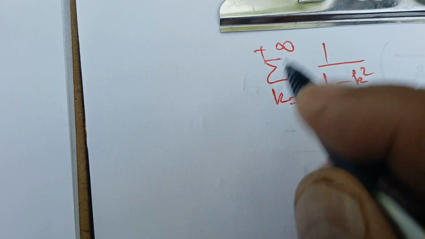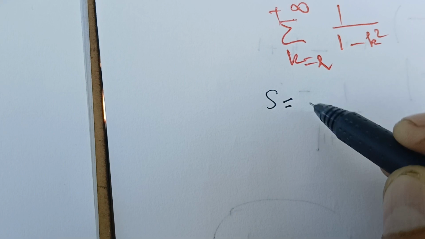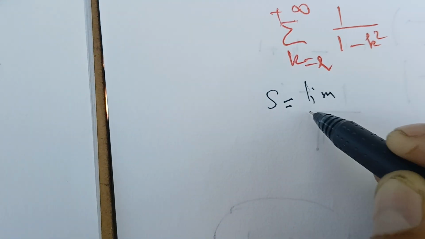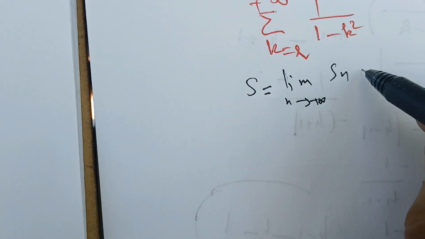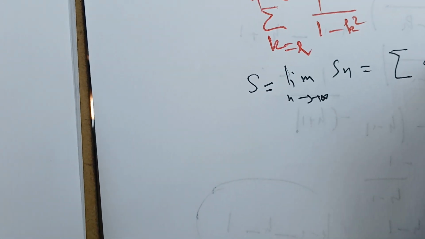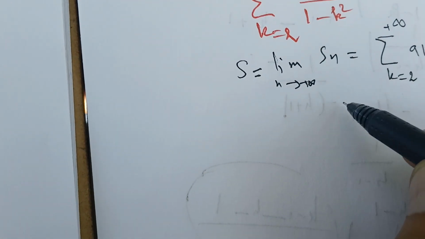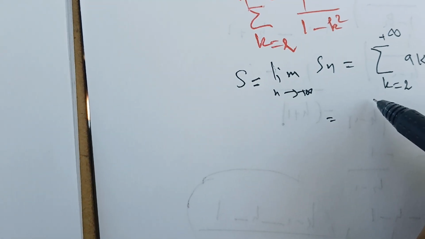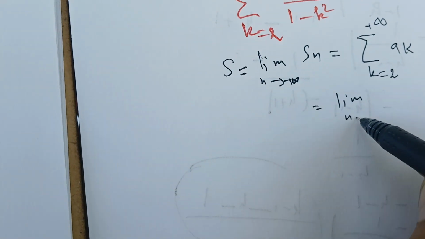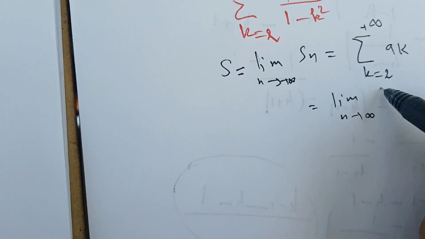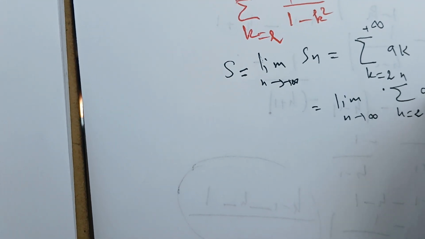In fact, let's assume that this one has some sum that we call S. This sum is defined by the limit as n goes to infinity of Sn. And what's Sn? It's the sum of k going from 2 to n of ak.